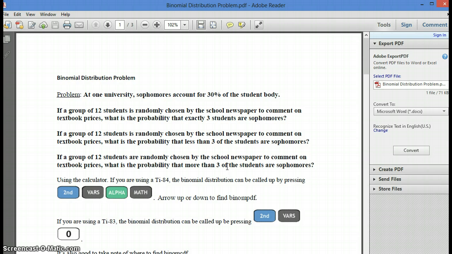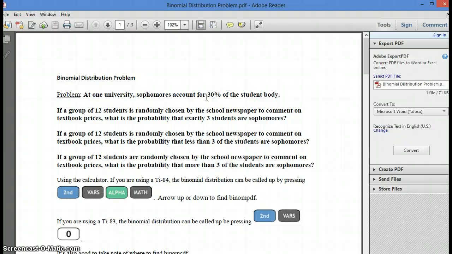So is this a binomial situation? Well, either a student is a sophomore or they're not a sophomore. So there are 2 possibilities. The probability that the student is a sophomore is 30%. So there's our probability of success, P. P will be 0.3.